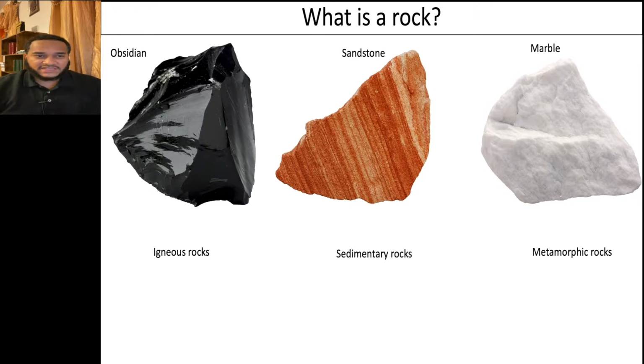The rock sandstone is a sedimentary rock formed from cementation. And marble, as shown in the image all the way to the right, is a metamorphic rock formed from pressure and heat and is also known as a regional metamorphic rock.